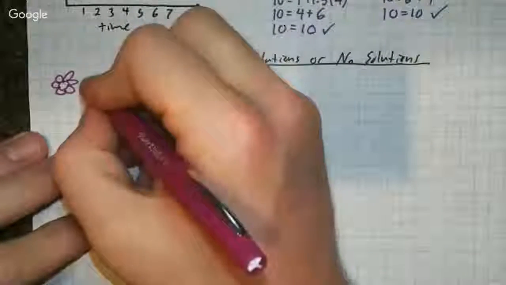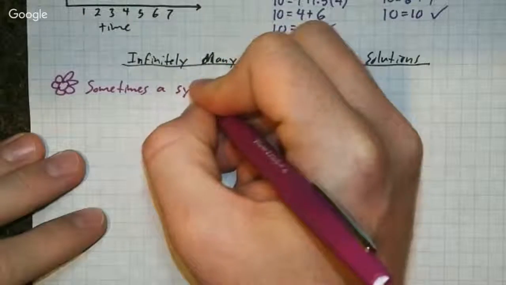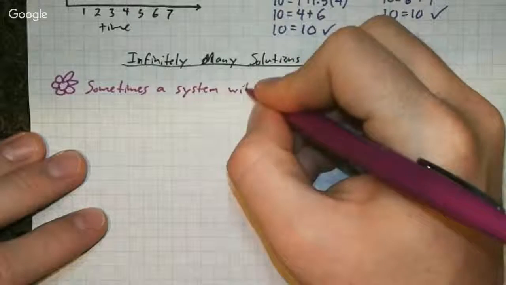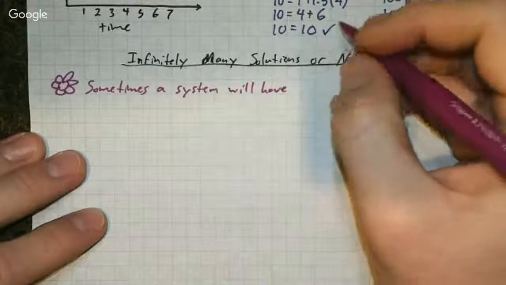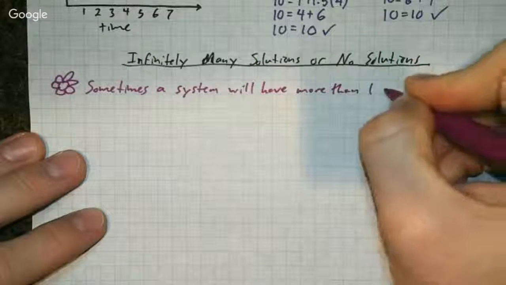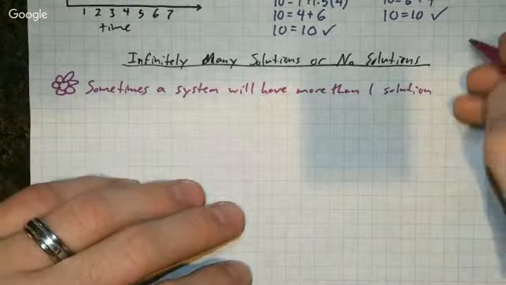Sometimes a system will have more than one solution. Sometimes it will have none.